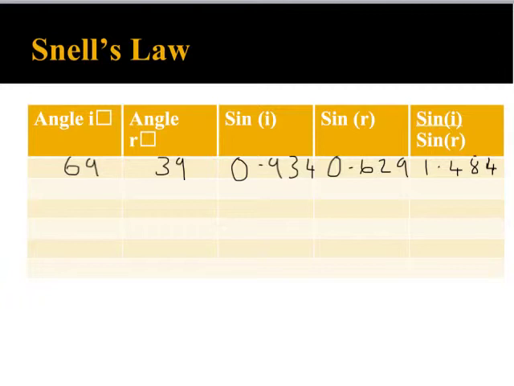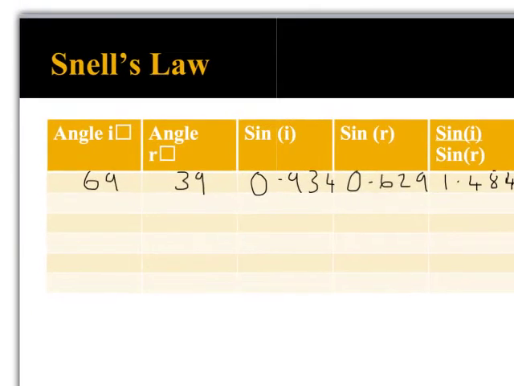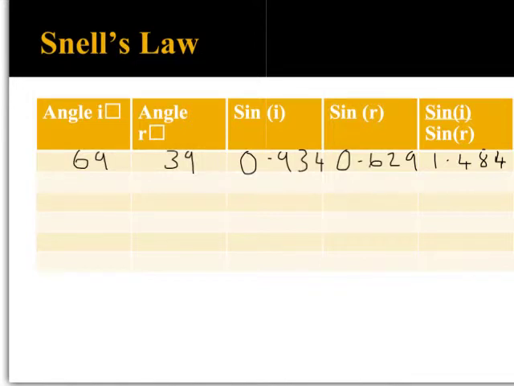If you then take another value from the same material, I just had a look, oh dear, you could have 33 degrees and 21 degrees. If you work that out, and that's what you're going to do now, no slacking, then you should come to a very close approximation of our original refractive index.